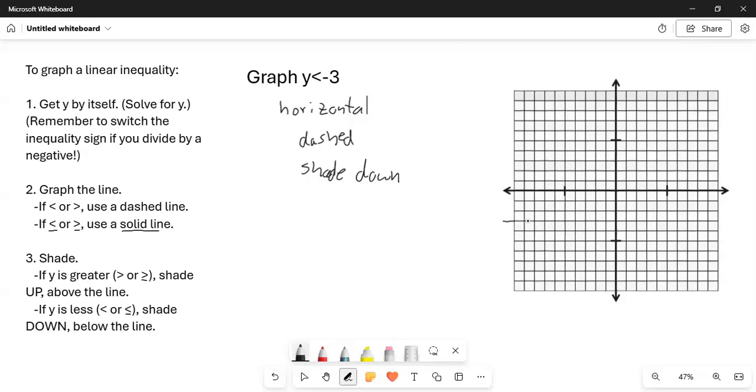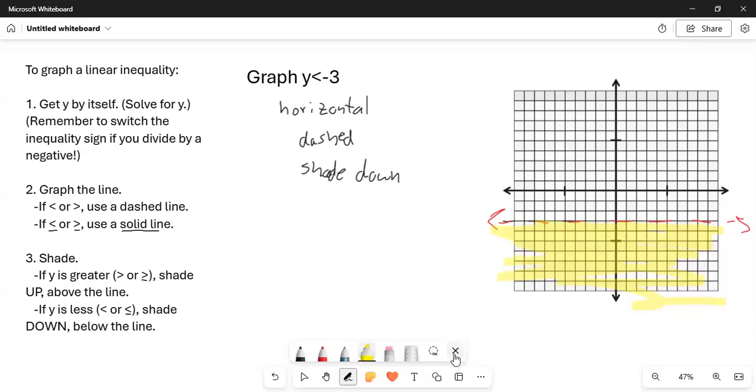So make a dashed horizontal line. Use a color you can see a little bit better. Dashed horizontal line there at negative 3. And you're going to shade down. Make sure you go all the way to your line, but there it is.